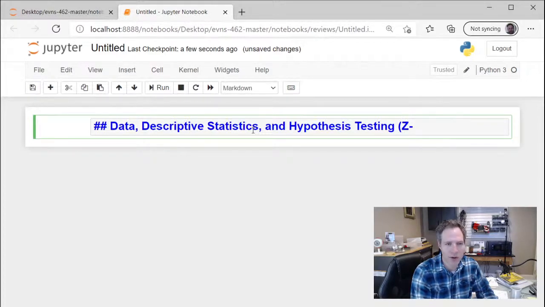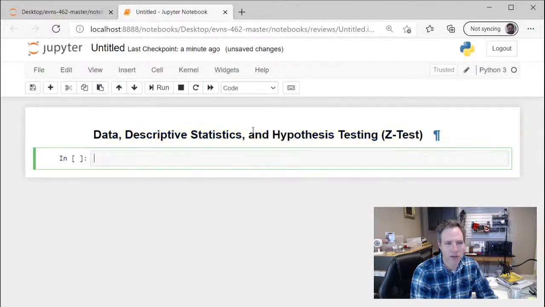That is, the only hypothesis testing method that I want you to be familiar with for this first test is the z-test, okay?